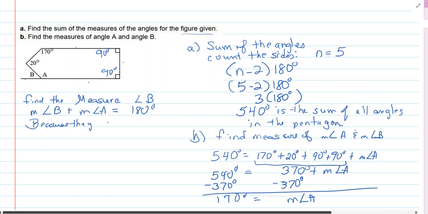To be exact, they are adjacent angles that create a straight angle.